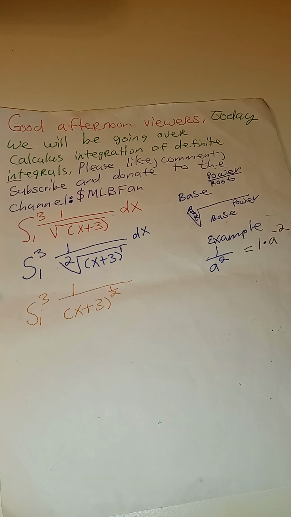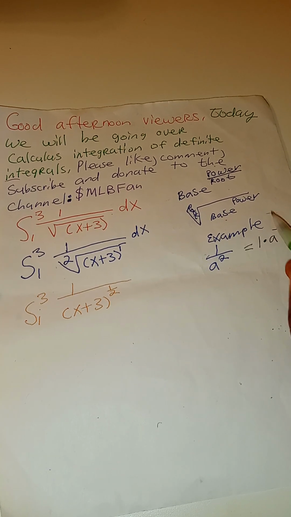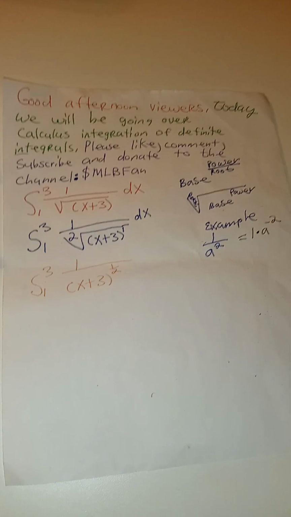So if we start with a negative exponent in the numerator, it'll become positive in the denominator.